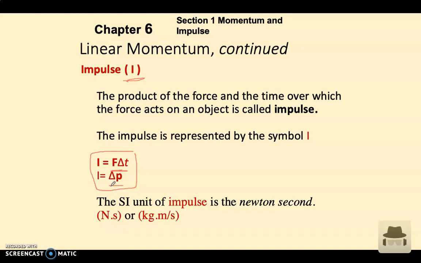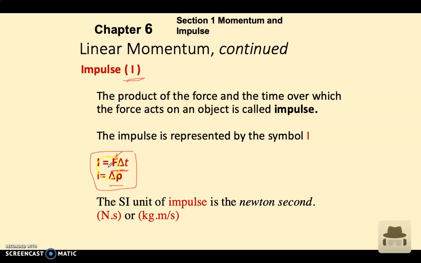Now, if you have a moving car and you try to bring this car to a stop, you're going to slam on the brake to avoid a collision. The car will stop eventually over some duration of time. So you apply a force to stop the car, and it will take time for the car to stop.